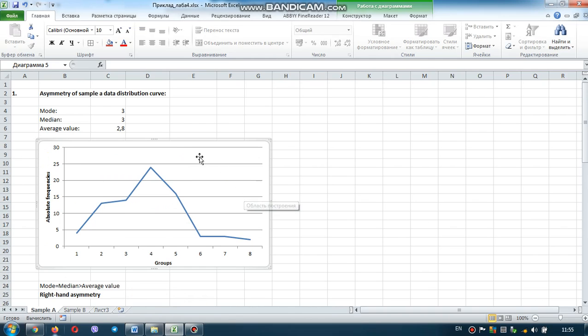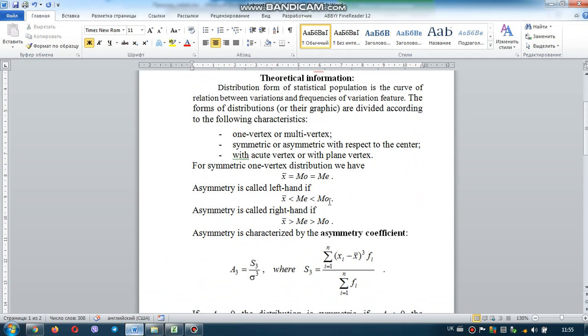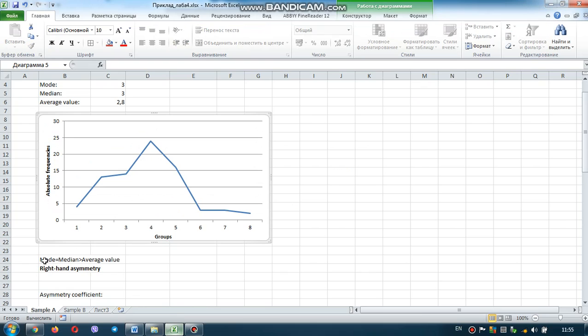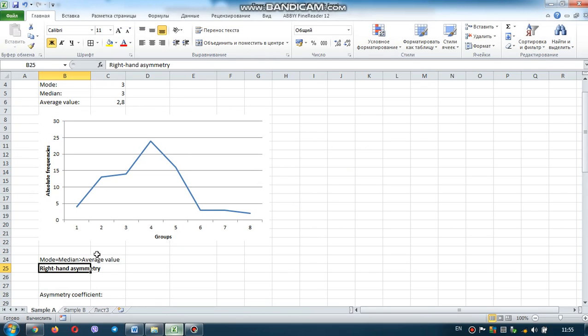And we have to analyze whether the mode value is greater than the median, and whether the median value is greater or less than the average value, as we can see in this part of the protocol of the work. We have analyzed these values and made a short conclusion about the asymmetry.